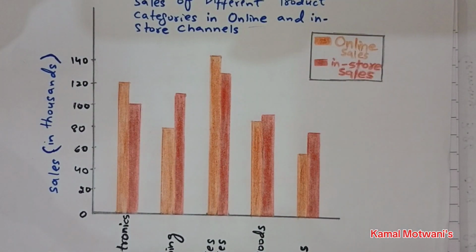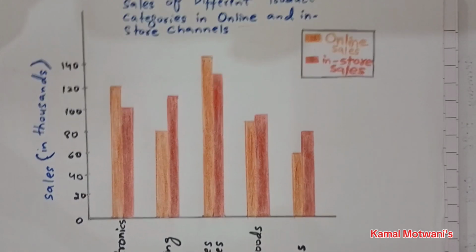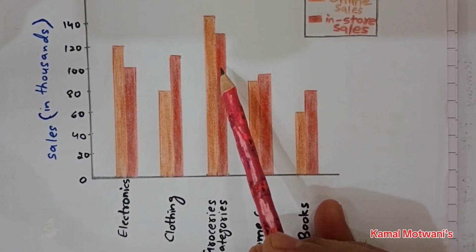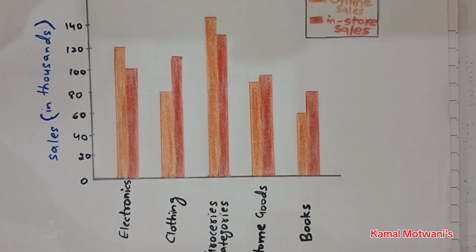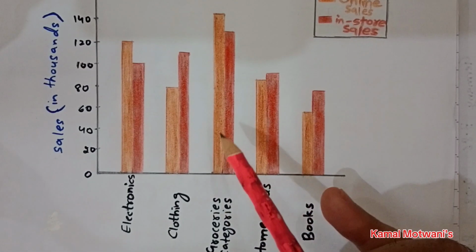So here we can notice that the highest bars are of the grocery category. Be it online or in-store, the two highest bars pertain to the grocery category.